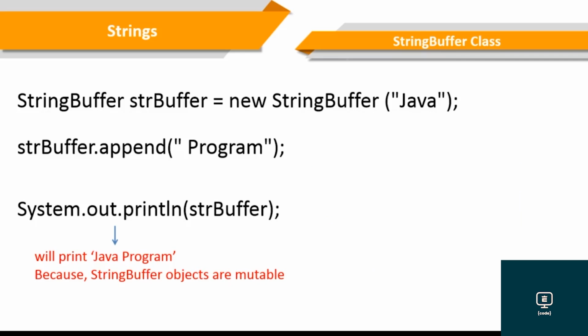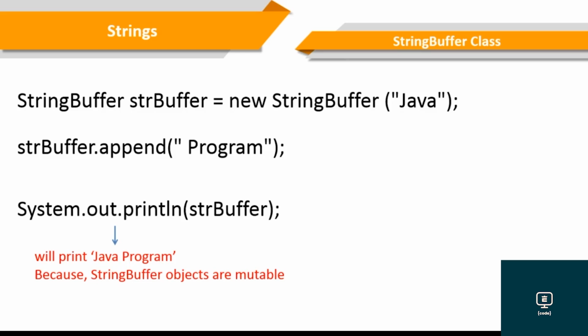StringBuffer class. The Java StringBuffer class is used to create mutable or modifiable strings. So at any point in time, it'll contain some particular sequence of characters, but the length and the content of the sequence can be changed through certain method calls.